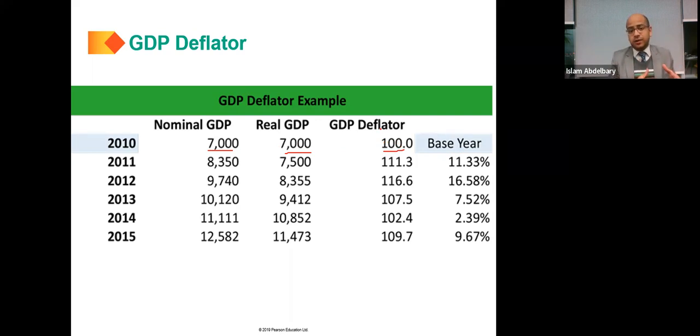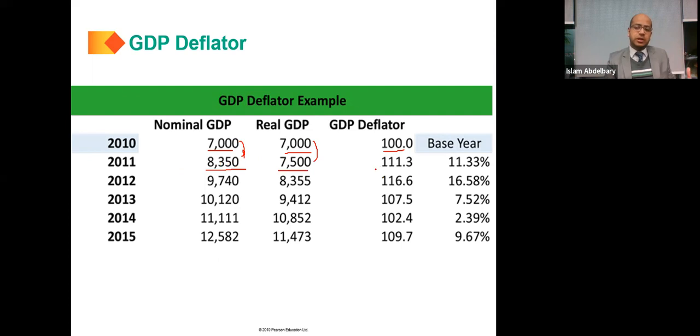In 2011, nominal GDP increased, yes, and the real GDP increased as well, but lower than the nominal. So in 2011, this is the nominal GDP, and this is the real GDP.